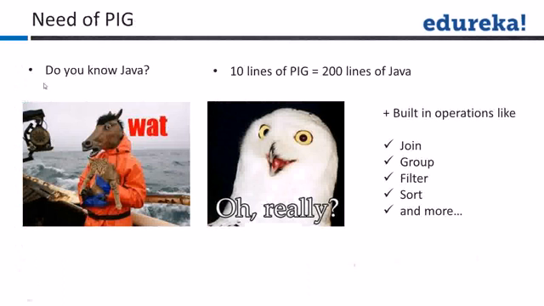In real life production environments, you may have to write multiple stages of maps and reduces, so that may not be a very simple thing to figure out. So for people who do not know Java, that's one solution. But even if you know Java, there is a big advantage in using Pig or something like Pig.